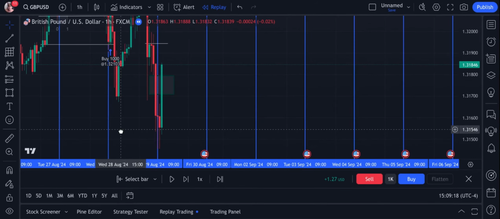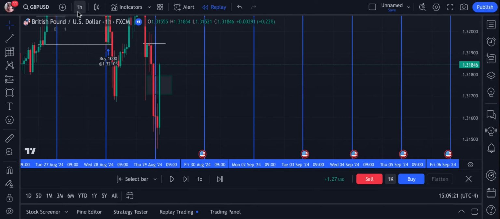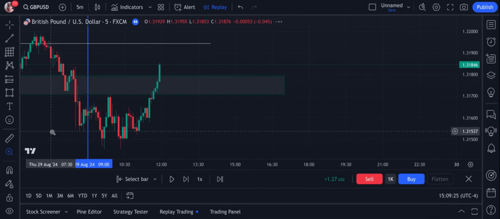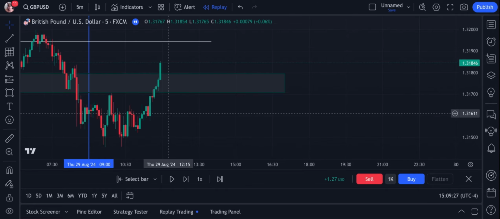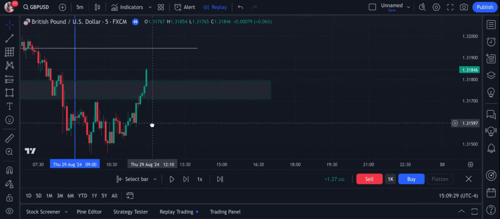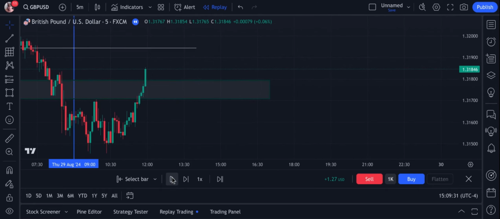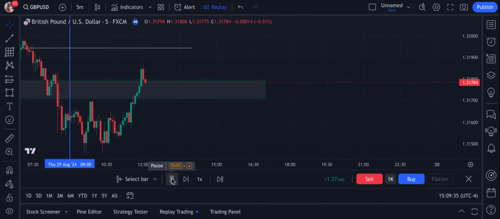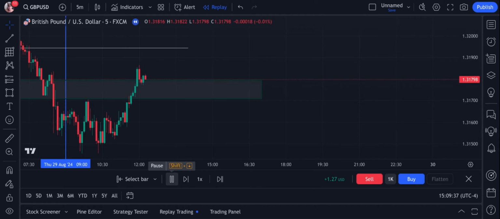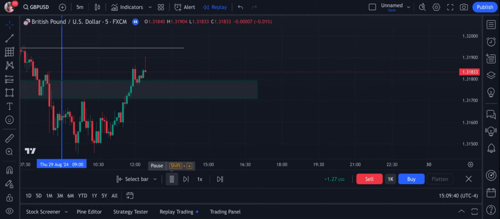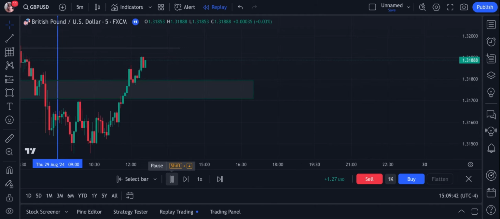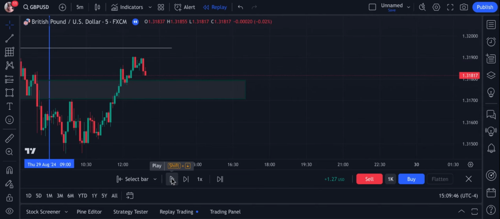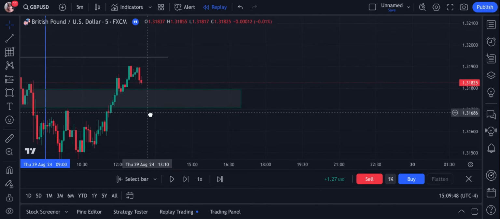Yeah, price has yet to break any highs on the 1 hour. All I'm doing right now is just looking for a break of structure. There was a break of structure here.